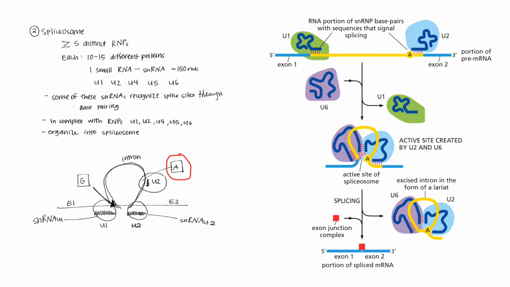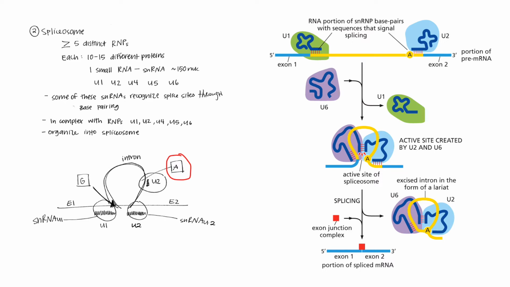And then these 5 complexes come together to form the intact functional spliceosome. Now, the different ribonucleoprotein complexes are named after the small nuclear RNA. So there's ribonucleoprotein complex U1, ribonucleoprotein complex U2, U4, and so on.